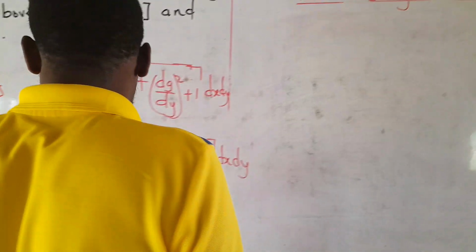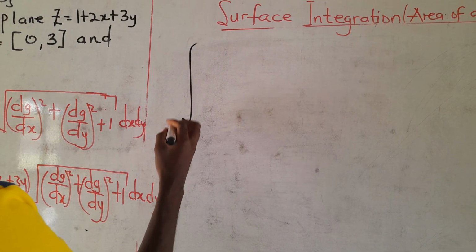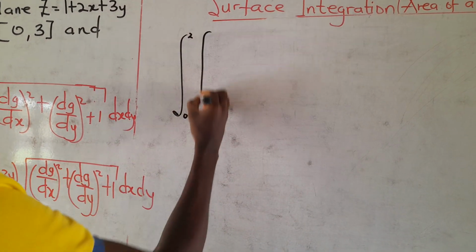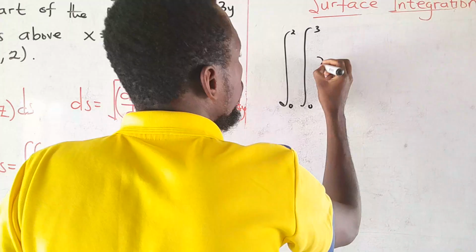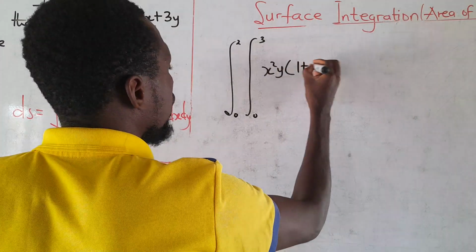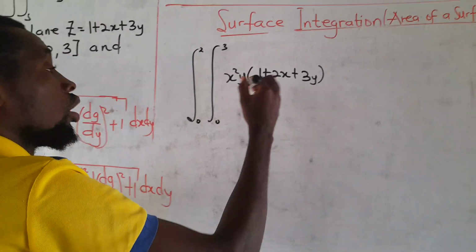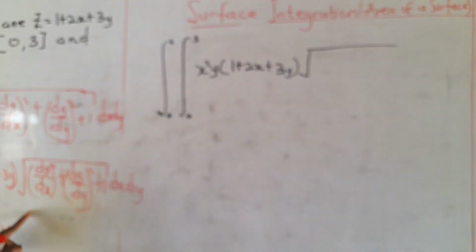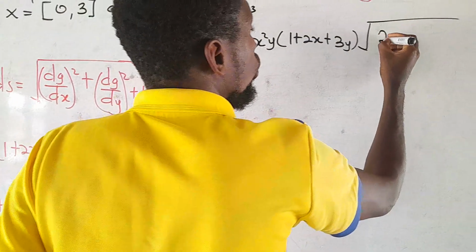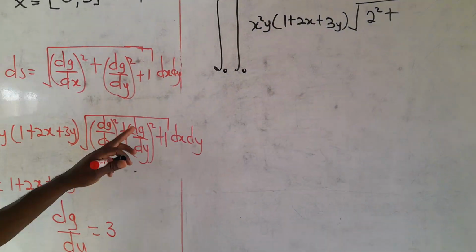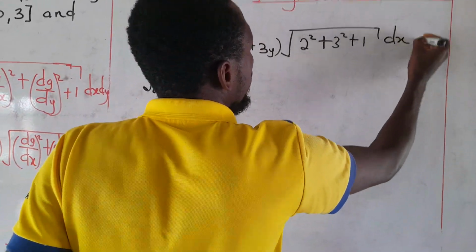So we'll have the integral, the first one is for y, from 0 to 2, the integral from 0 to 3 of this function, x squared y times 1 plus 2x plus 3y, then the square root of dg over dx squared, and dg over dx is 2, so 2 squared plus dg over dy, 3, so 3 squared, then plus 1 dx dy.